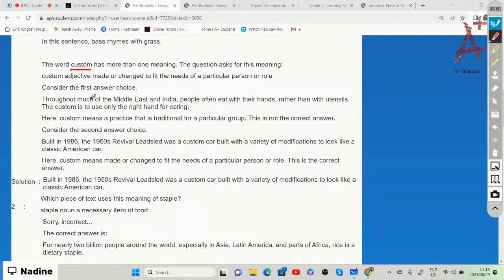The question asks for this meaning: custom, adjective, made or changed to fit the needs of a particular person or role. We need to consider this first choice as our answer.